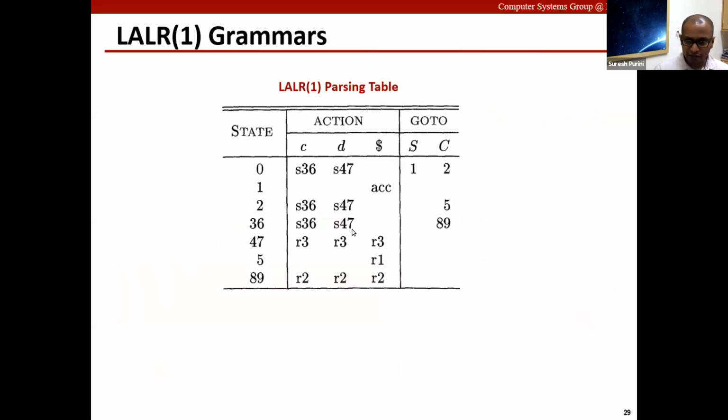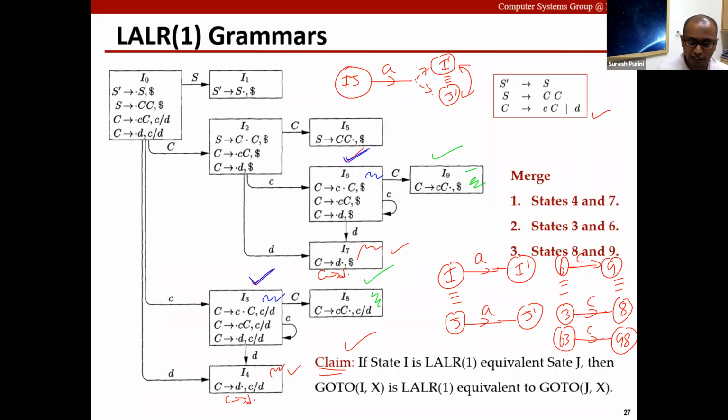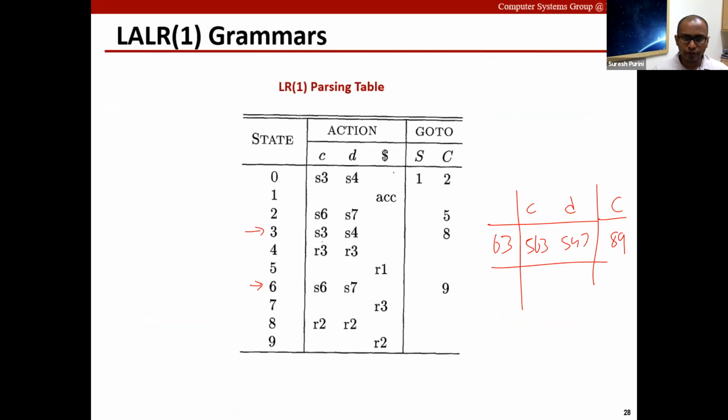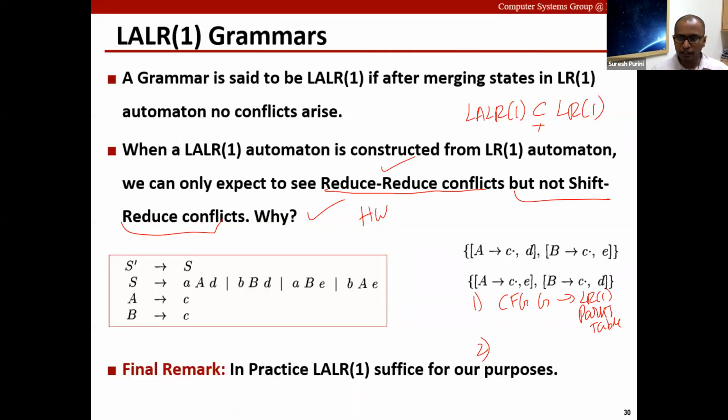I want you to prove this claim, which is related to equivalence of states in the LALR1 automaton. And the third problem is related to this. And when you solve these 3 problems, then your understanding of LR1 parsers will be complete.